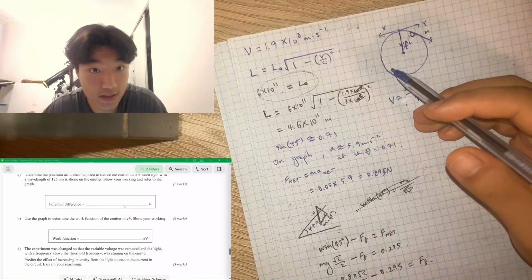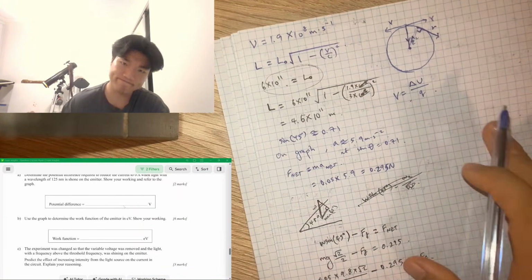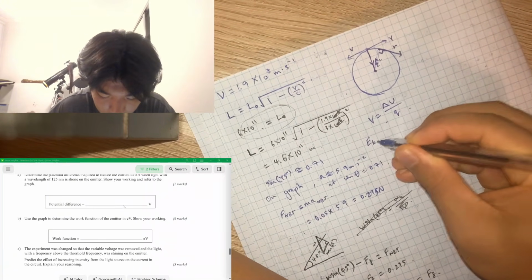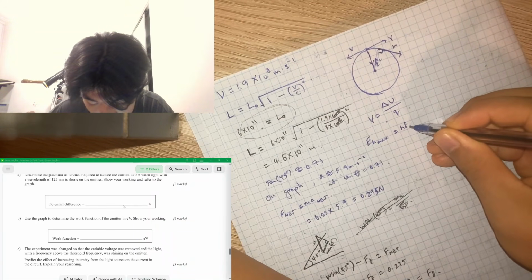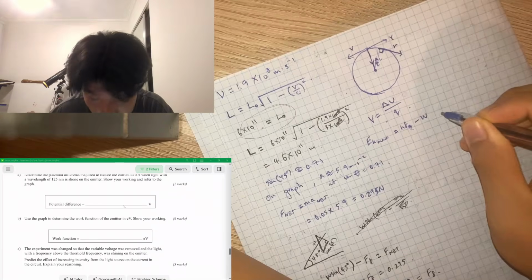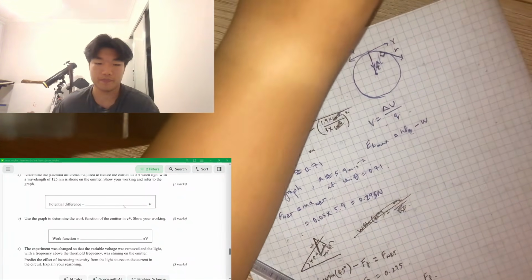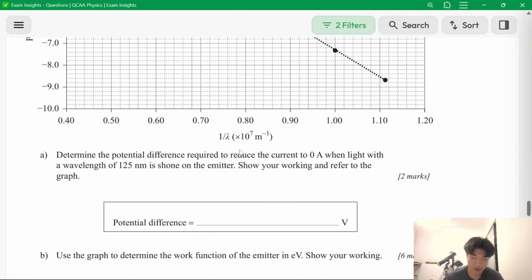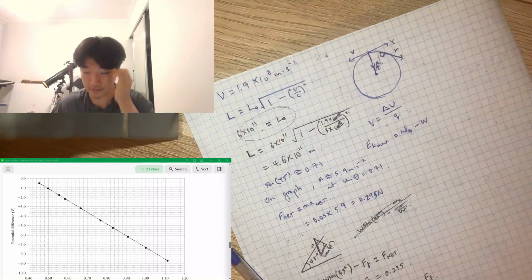First, we're going to write kinetic energy max, and the maximum kinetic energy equals hf minus the work function. We're trying to find out the work function. Okay, so work function of the emitter in electron volts, and then here's the graph.